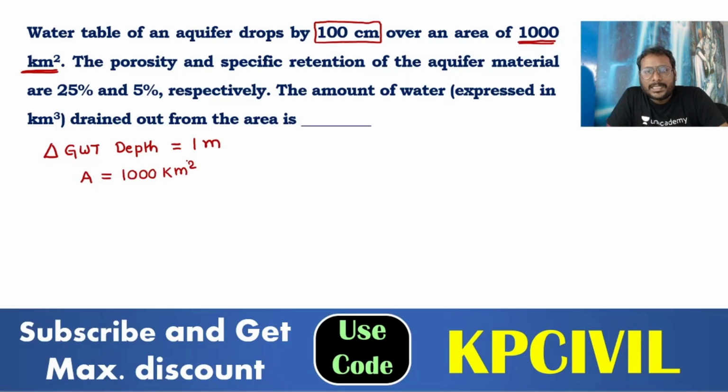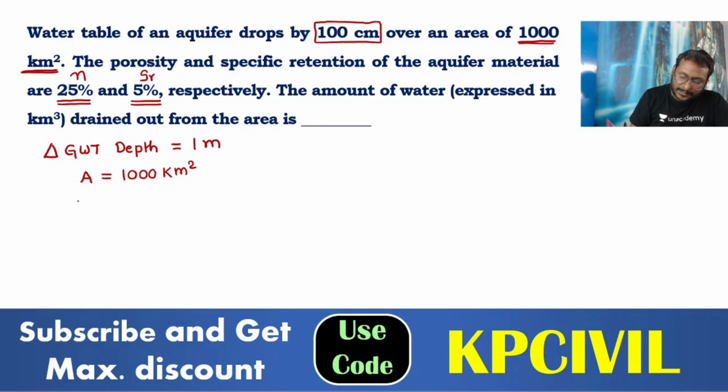The porosity and the specific retention of the aquifer material. Porosity 25%, N is equal to 0.25. Specific retention SR 5%, SR is equal to 0.05.